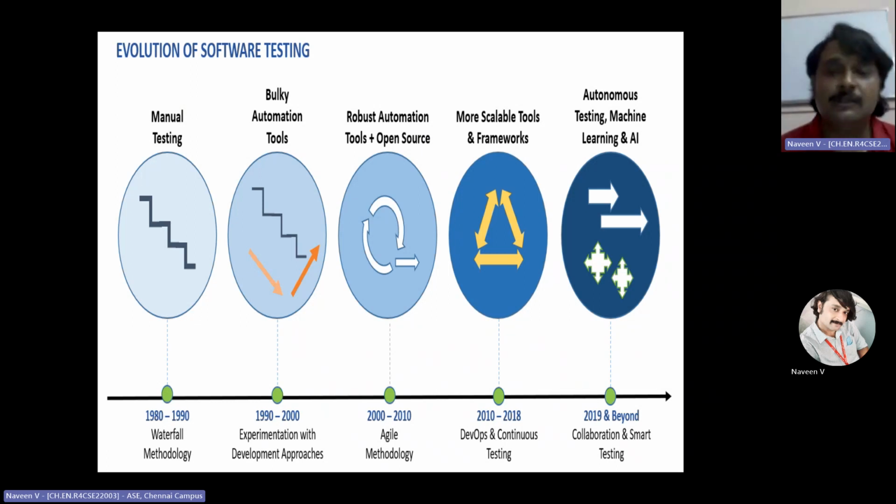More scalable tools and frameworks like DevOps and DevOps continuous testing were introduced from 2010 to 2018. And finally, now with autonomous testing, machine learning, and artificial intelligence, we are moving toward smart testing methodology with AI and machine learning techniques.